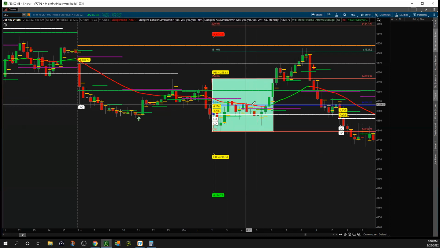Got a little bit of red. No, it's mostly red. So you can't go by Stangem line this time. So what are we going by? What's our next line? Stangem line should be your number one to look at. So what's our second clue to look at? Just off of the range block.